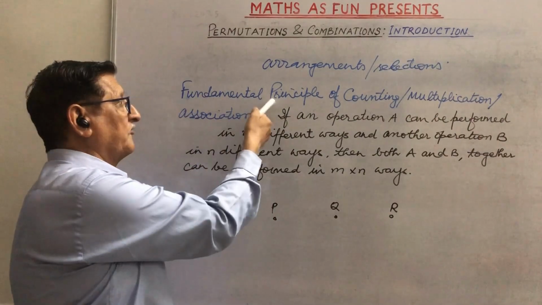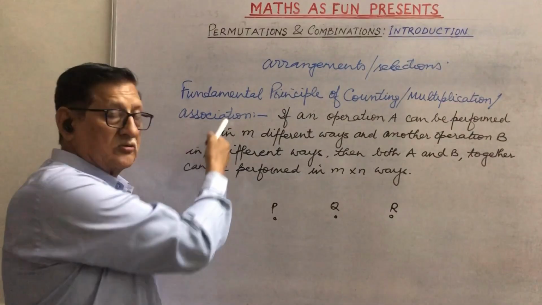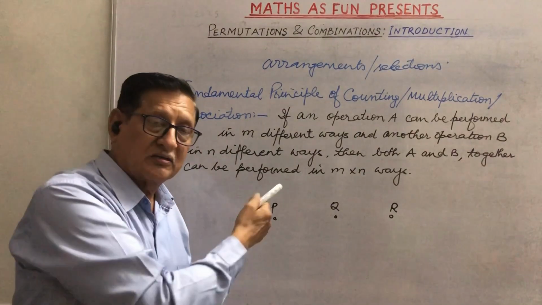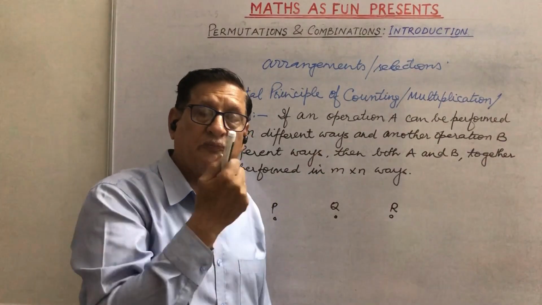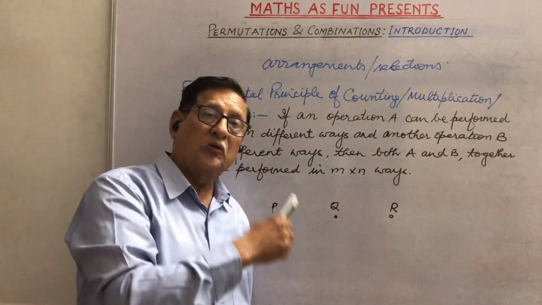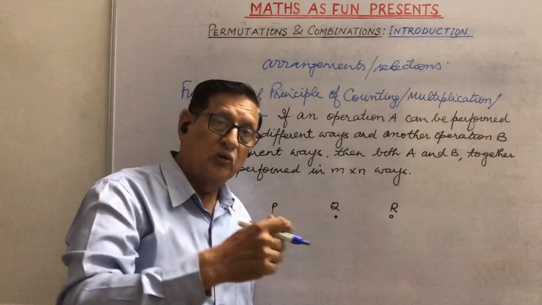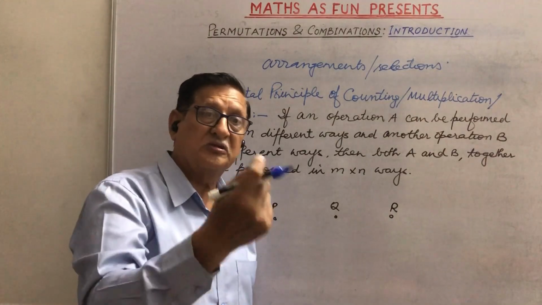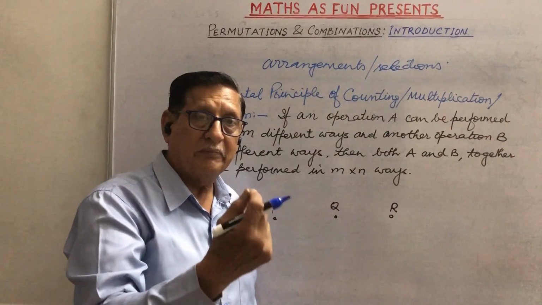The basis of that is the fundamental principle of counting, or multiplication, or association. What does it state? It states that if an operation A can be performed in m different ways and another operation B can be performed in n different ways, then both together in association with each other can be performed in m into n ways.